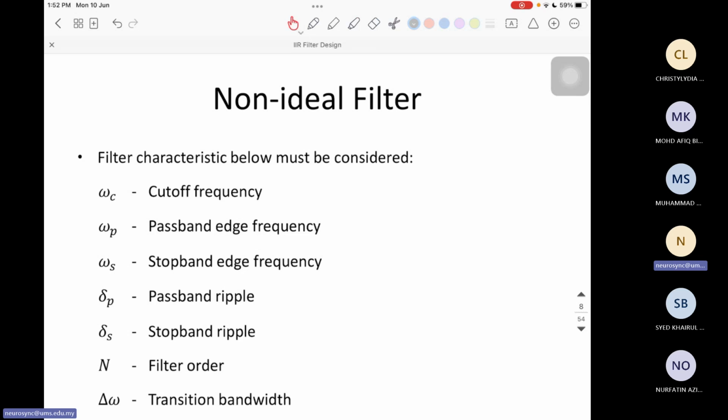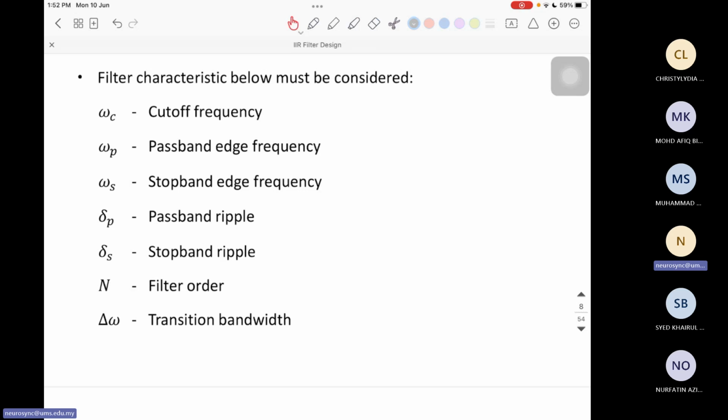Now, in case of a non-ideal filter, we will have many characteristics. In case of an ideal filter, there is only one characteristic, the cutoff frequency, which will be given.